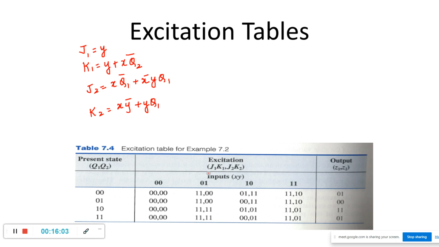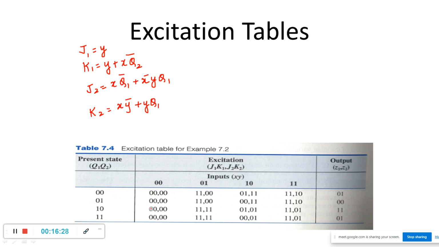So now the excitation table has three sections again: present state, excitation, output. So present state 0 0, 0 1, 1 0, 1 1, you write it. Next, excitation expressions are 4: J1, K1, J2, K2. Inputs are 2, X and Y, so it varies 0 0, 0 1, 1 0, 1 1.